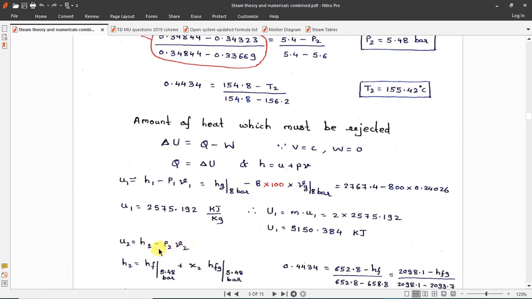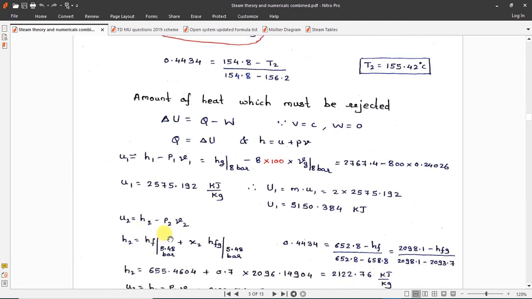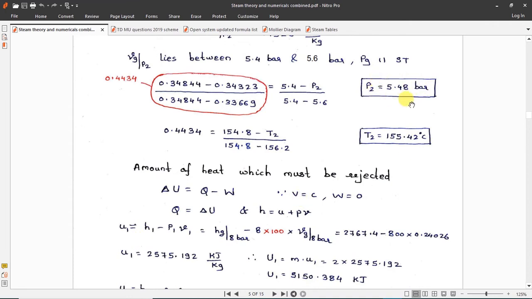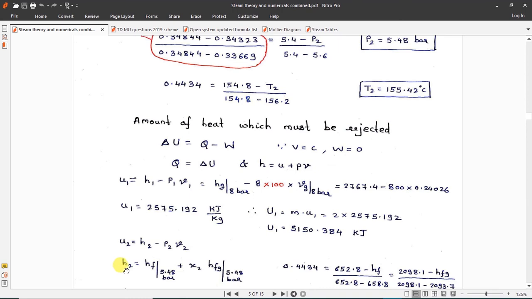Now in this case, it will become a bit complicated. Why? Because point 2 is wet steam. So how to calculate H2? H2 will be, what is the pressure which we have calculated? 5.48 bar. So H2 will be HF at 5.48 bar plus X2 into HFG at 5.48 bar.